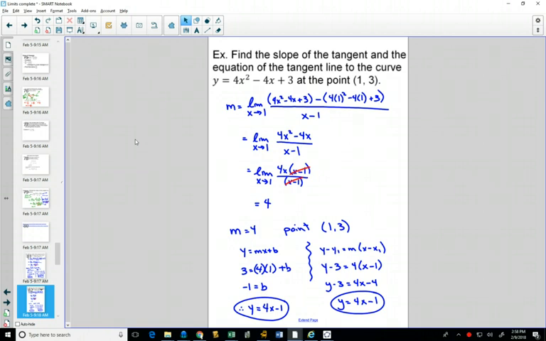Yes. So I wrote it out as if I was plugging in f of a here, because this time we're approaching the point (1, 3). But you have to remember that this point right here is technically (a, f of a). And so you can calculate this really quickly, that it's just going to be 3, and that's fine.